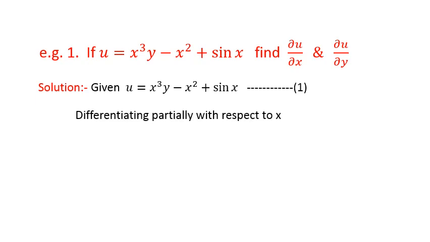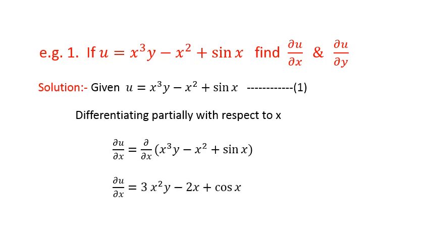Differentiating partially with respect to x, keeping y constant: in the first term, y is constant and the derivative of x cube is 3x square; minus the derivative of x square, 2x; plus the derivative of sin x, cos x. Then we get dou u upon dou x equal to 3x square y minus 2x plus cos x.